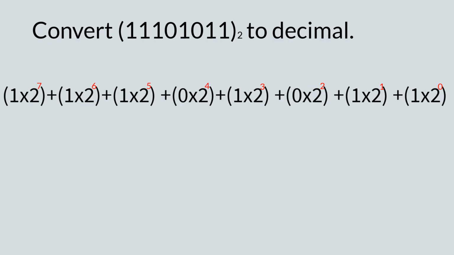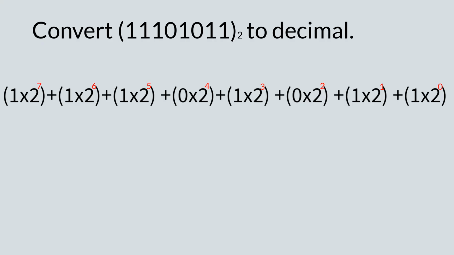So we can expand the number as 1 multiplied by 2 to the power of 7, plus 1 multiplied by 2 to the power of 6, plus 1 multiplied by 2 to the power of 5, plus 0 multiplied by 2 to the power of 4, plus 1 multiplied by 2 to the power of 3, plus 0 multiplied by 2 to the power of 2, plus 1 multiplied by 2 to the power of 1, plus 1 multiplied by 2 to the power of 0.